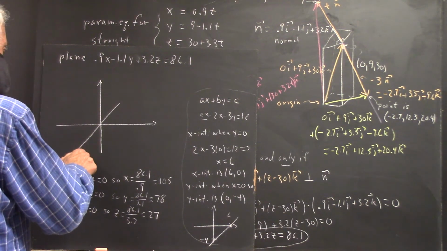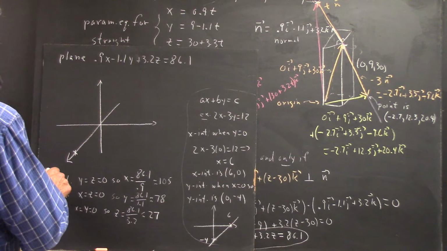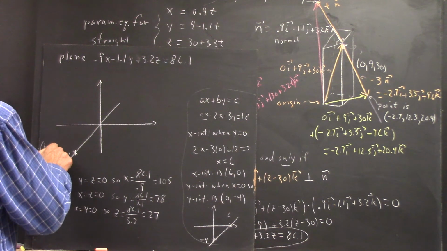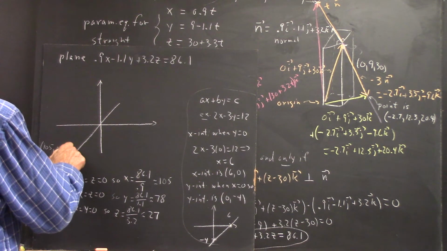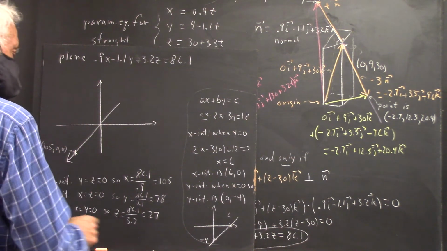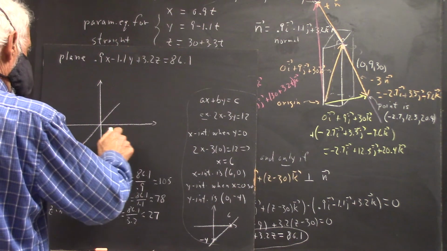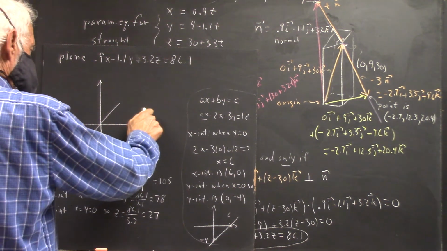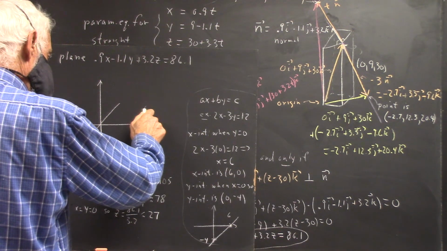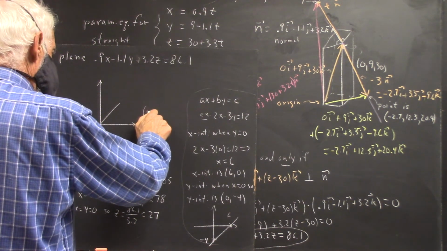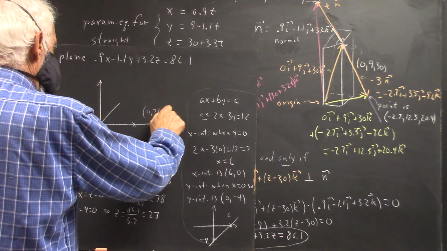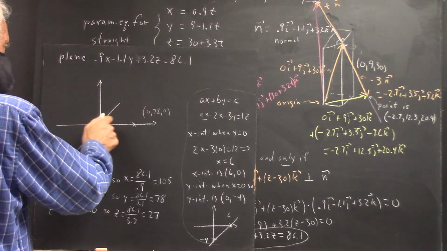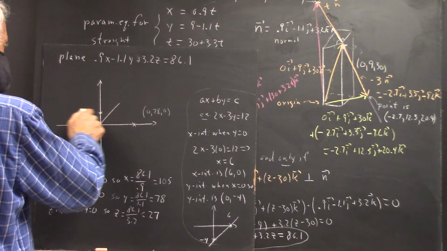So we have the X-intercept, sorry, the Y-intercept, which is around 78, a little less than the X-intercept. I get a little careless with the perspective and stuff, but okay. 0, 78, 0. And then the Z component, which is quite a bit smaller, about 27.